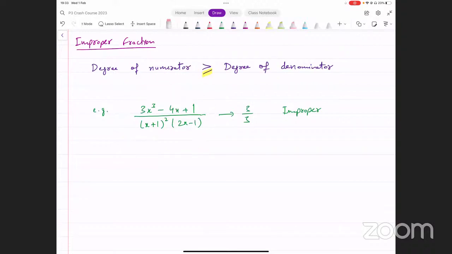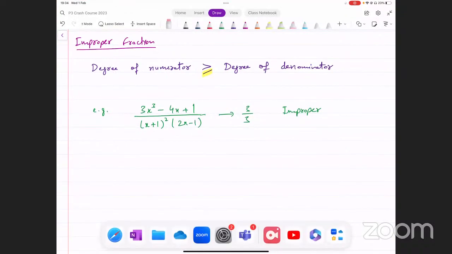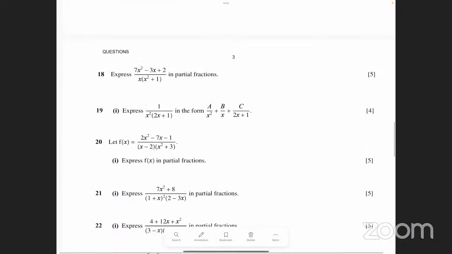Now the problem is, how do we figure out what the partial fractions are going to be for this? What do we do when we have improper fractions? That is what we are going to look at, with the help of an example, but we're actually running out of time.